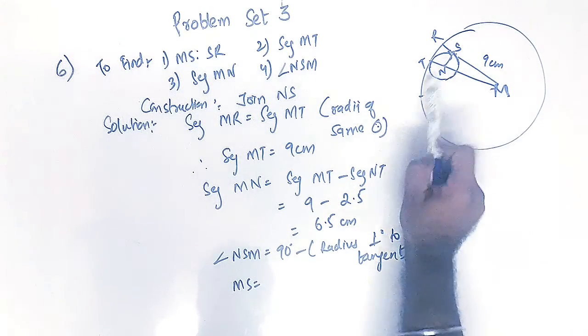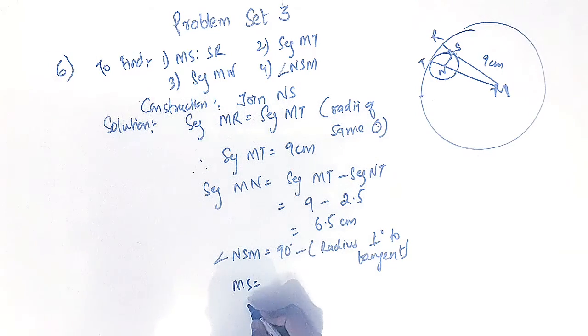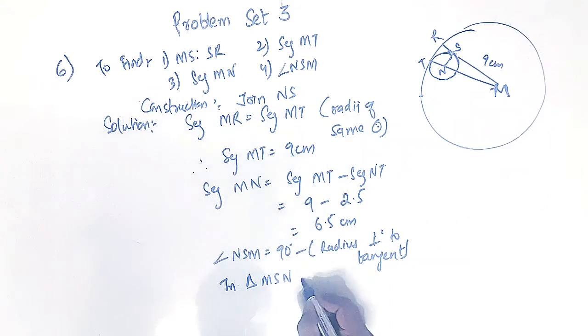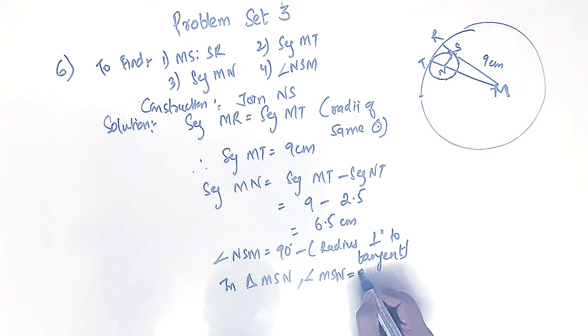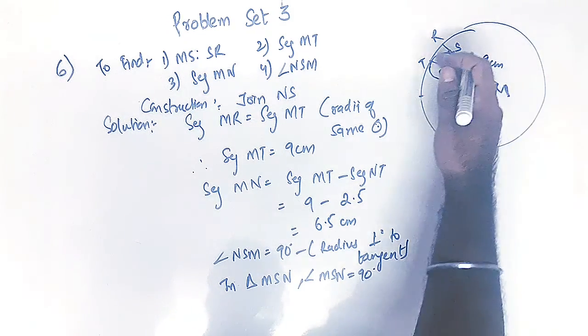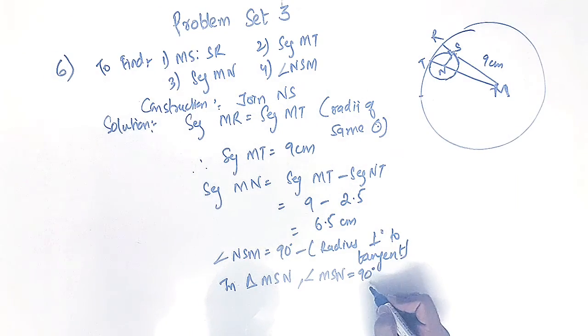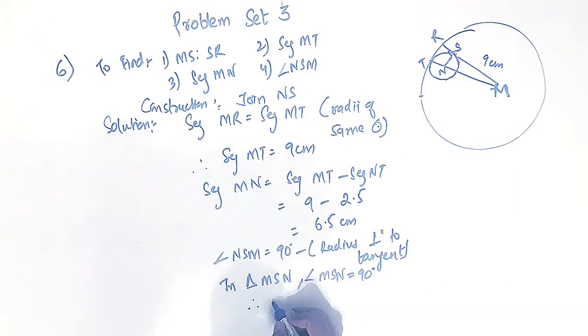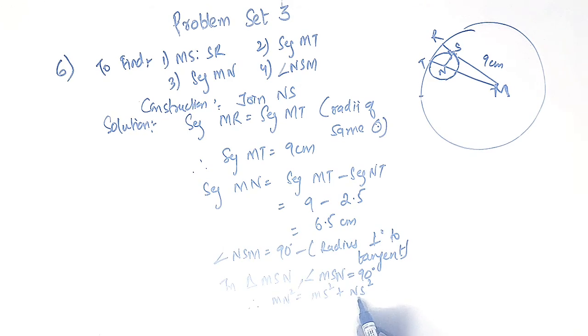You can see this right angle triangle. In triangle MSN, angle MSN equals 90 degrees. Therefore I can write MN square is equal to MS square plus NS square. NS is 2.5 centimeter.